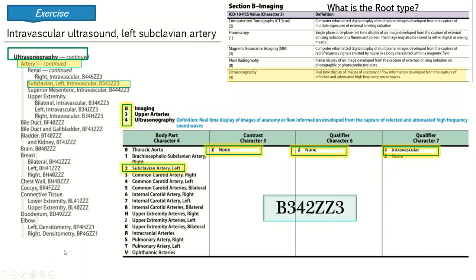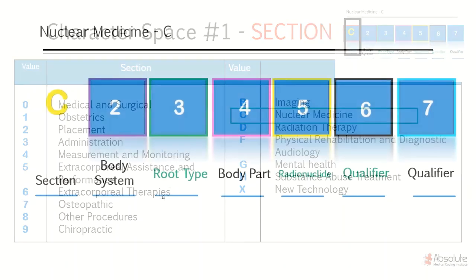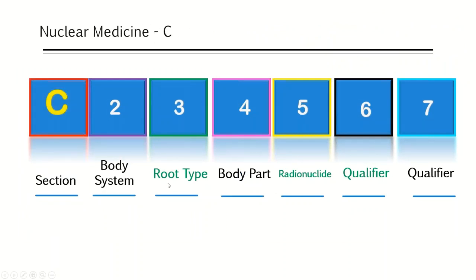All right, it's time to move on to the next section, C, nuclear medicine. Let's take a look at a nuclear medicine PCS code and see if there are any differences. We see the section is C, then the body system.